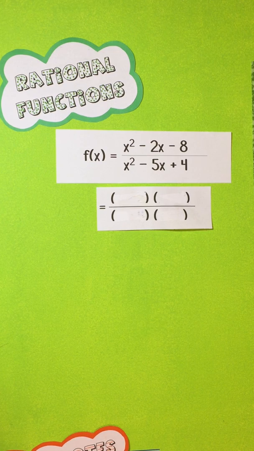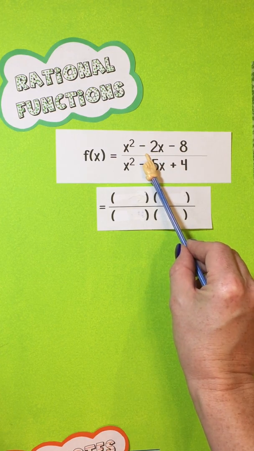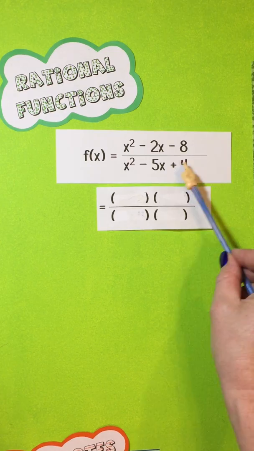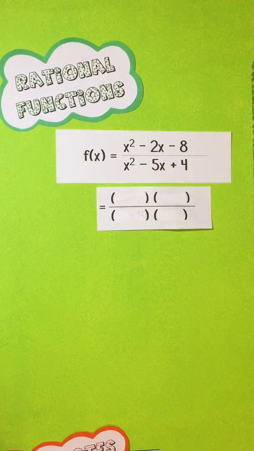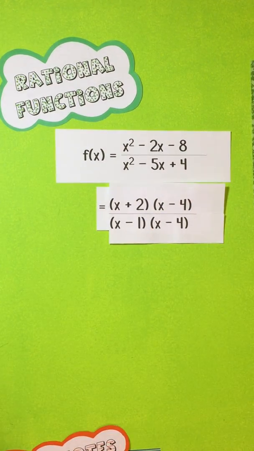Now when we factor this, we're going to look in the numerator for two numbers that multiply to give us negative 8, but when we add them, give us negative 2. In the denominator, we will look for two numbers that multiply to give us a positive 4, but when we add them, give us a negative 5. And when we factor, this is what we'll end up with.